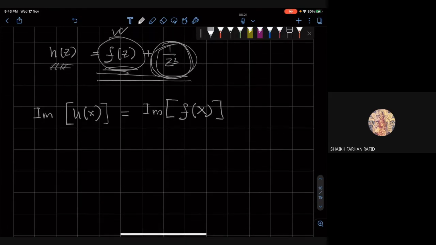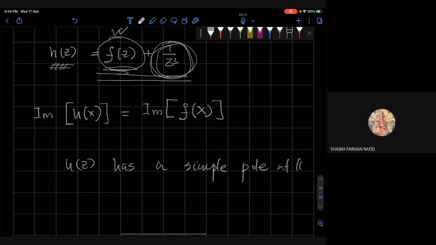So h of z only has a simple pole at the origin. Okay? Is that clear? Yes, sir. h of z has a simple pole at the origin, right?